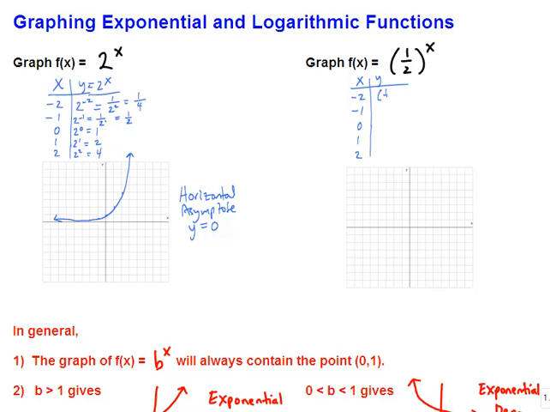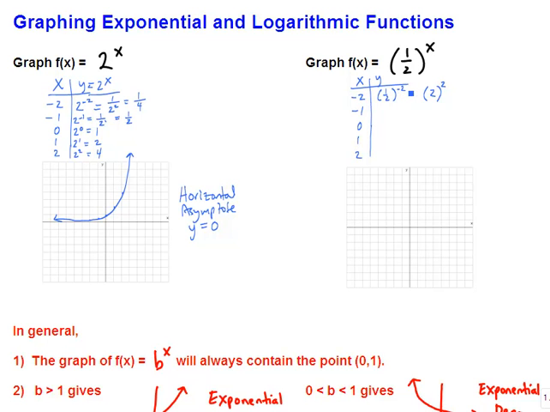This time when I plug in a -2 into that exponent, because our base is already a fraction, when we go to flip, because of that negative exponent, we can just flip the fraction on the inside of these parentheses. So when I flip 1/2 over, it just turns into a 2, and now the exponent becomes a +2.